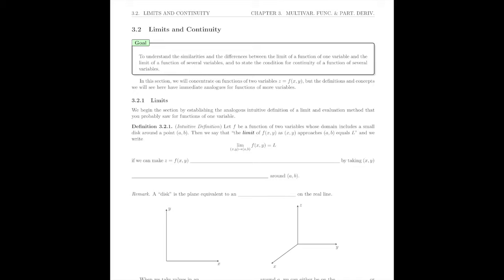We write this if we can make z of f of xy as close to the value L as we like, arbitrarily close, by taking xy in a sufficiently small disk around AB.